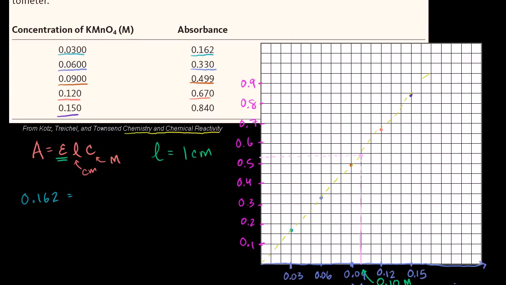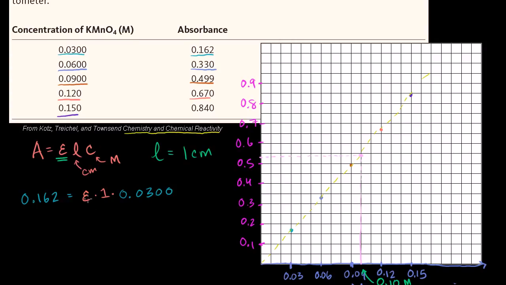0.162. That's going to be equal to this constant of proportionality times 1 centimeter. That's how wide the vial was. Times, now what is the concentration? Well, when the absorbance was 0.162, our concentration was 0.03. And actually, I'll write all the significant digits there: 0.0300.